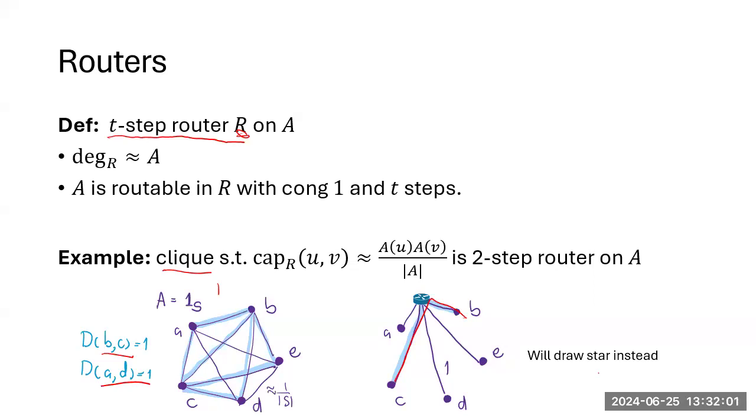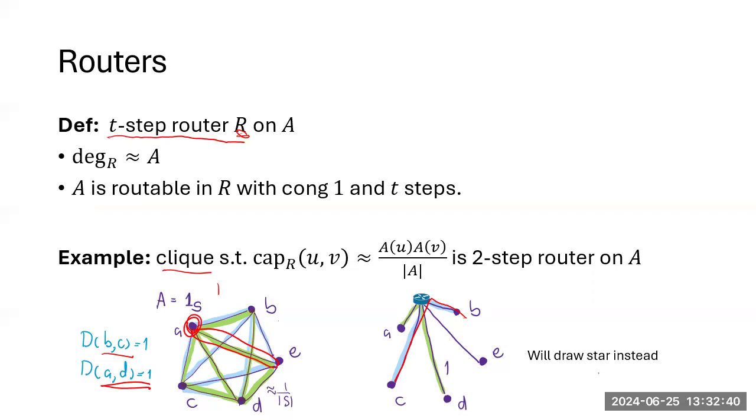If I want to route simultaneously from A to D, I just send from A to everyone, and then to D. So the congestion on every edge here will be basically twice. So as long as the demand is A-respecting, the congestion on every edge is basically 1.